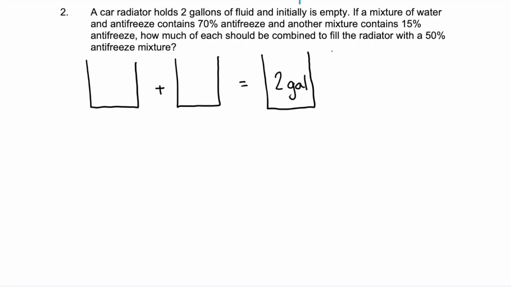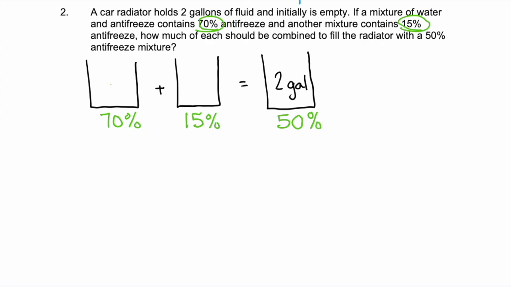So those are the two that we need to combine, the 70% and the 15%. So we can just say that our first bucket has 70% and our second bucket has the 15%. So we're mixing those, and how much of each should be combined to fill the radiator, our 2-gallon radiator, with a 50% mixture. So we need our final mixture to be 50%.